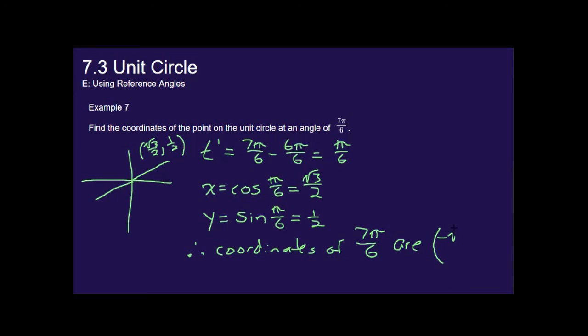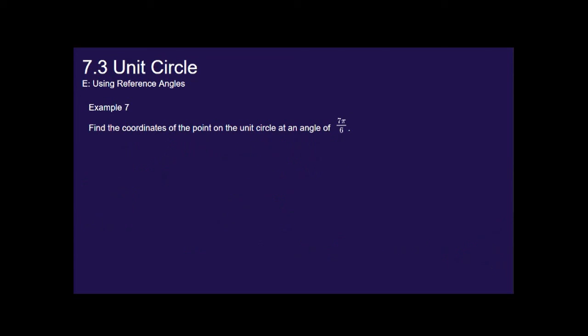So it's negative square root of 3 over 2 and negative 1/2. Now you're going to go ahead and do a try it. Pause the video, see if you can do it on your own, and then come back and check your answer.